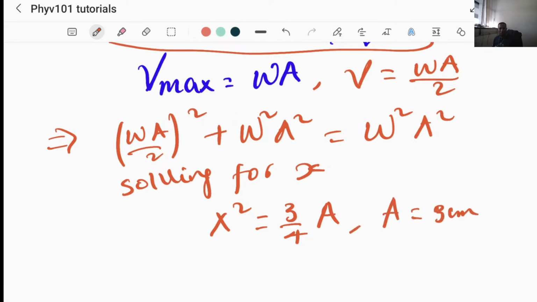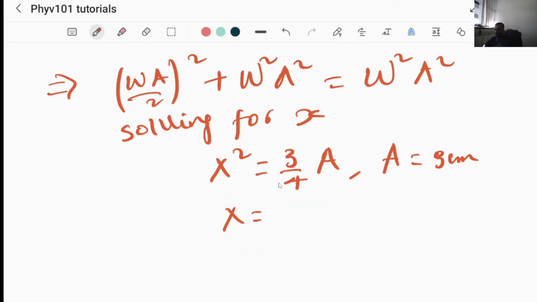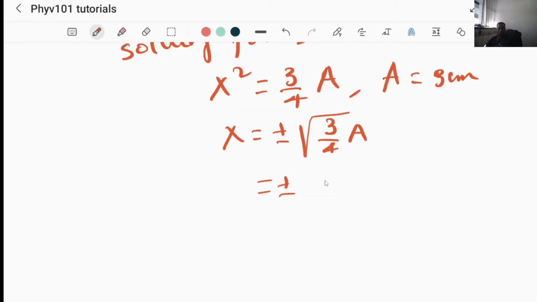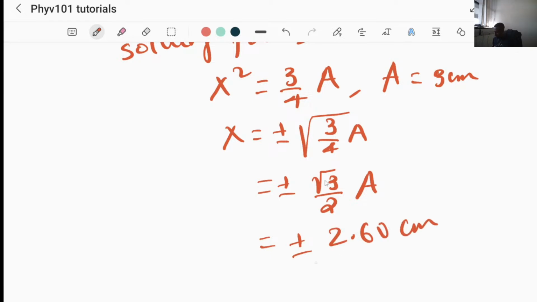Therefore, x, the position you are looking for, should be plus or minus the square root of 3 over 4 A squared, which is plus or minus root 3 over 2 A. According to my calculation, I got about plus or minus 2.60 centimeter. This is the position at which the speed is half of the maximum speed.